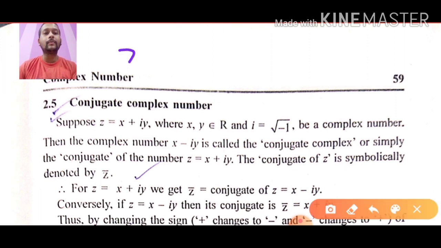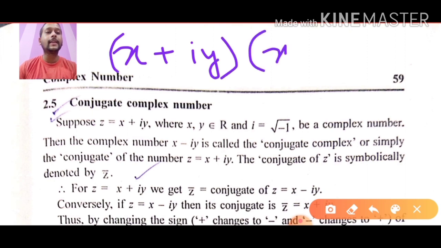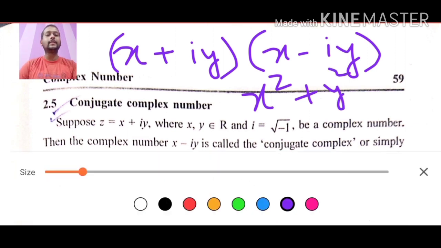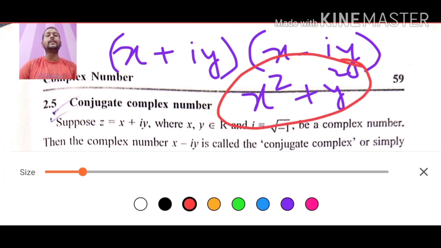That means if you multiply this x plus iy with this x minus iy, you know that it will be x square plus y square. It will become totally a real number. That is why we need the conjugates.